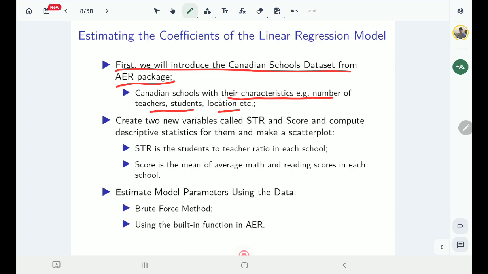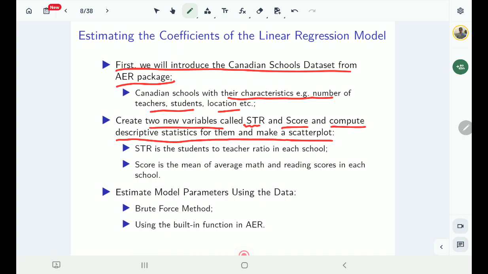Then by using this dataset, we're going to create 2 new variables: student to teacher ratio, STR, and score. And then we're going to compute descriptive statistics for these 2 variables, and make a scatter plot for them.